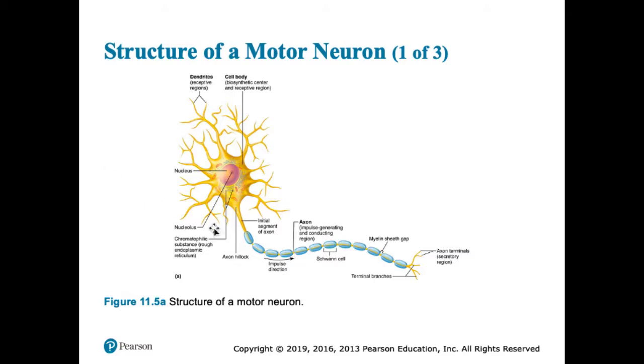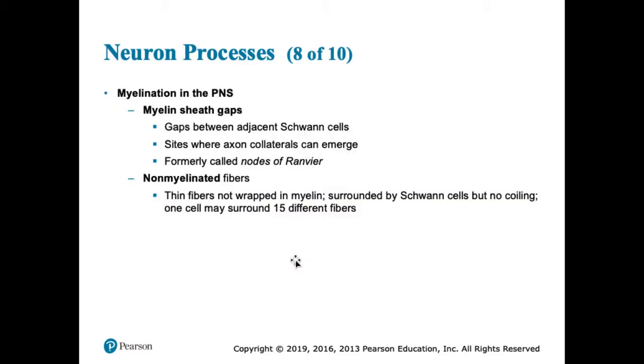So you see that there's some gaps in between these Schwann cells. And so basically that is sites where little axon collaterals can emerge. We call these the nodes of Ranvier. And basically they're just little protrusions that can come out if needed from that axon.